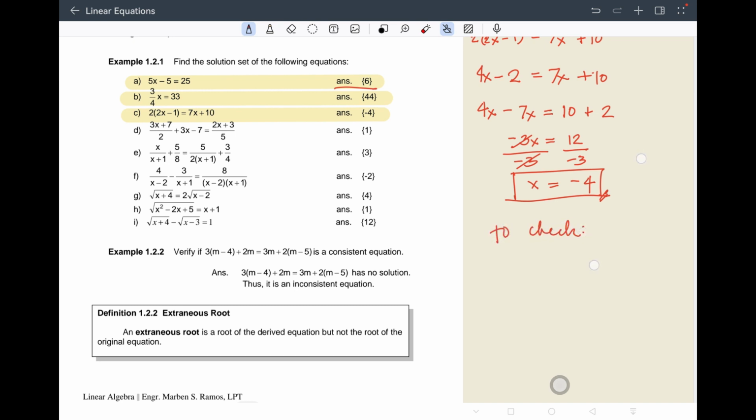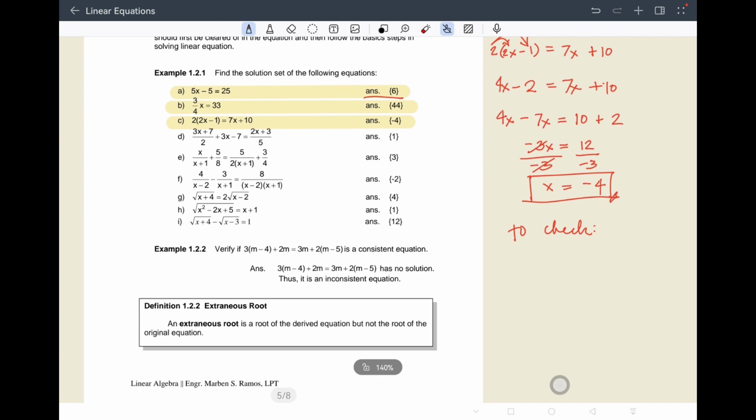if this is correct. So the equation is 2 times the quantity 2x minus 1 is equal to 7x plus 10. So 2 times negative 4 minus 1 is equal to 7 times negative 4 plus 10.